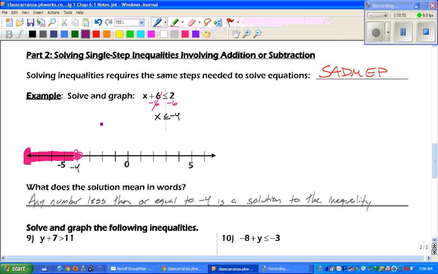So you can pick any number less than -4 or equal to -4 and it'll make this true. So let's pick -10. So -10 plus 6 less than or equal to 2. Well, -10 plus 6 is -4. And that is a true statement.